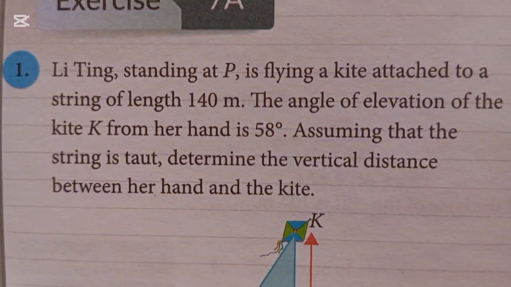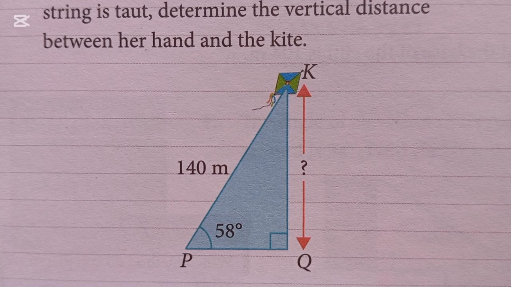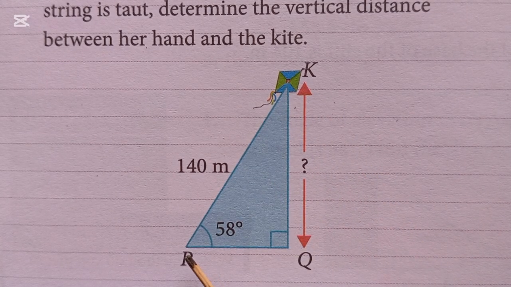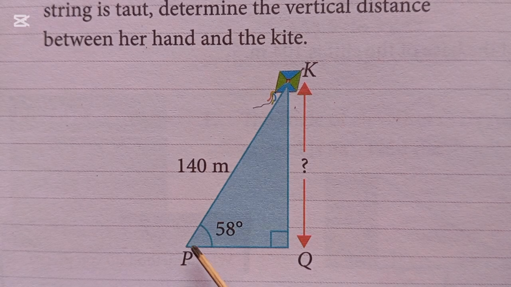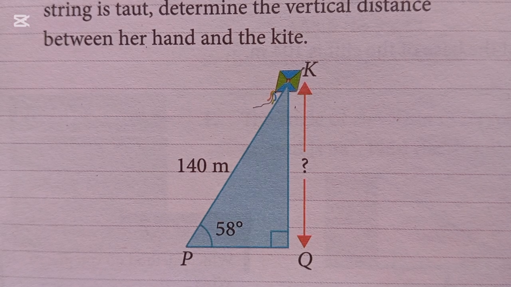Here, this is the figure. This is the kite. This is the position for Li Ting, who is flying the kite.